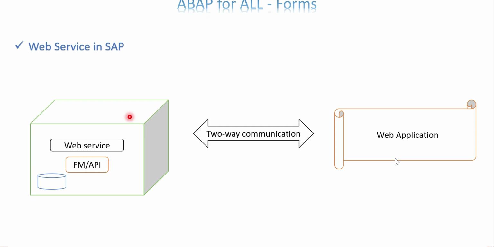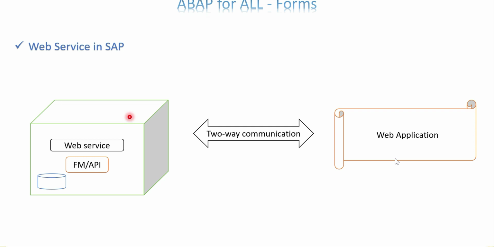These are the two objects which retrieve the data from database tables. On top of it, I'm going to create a web service for this example, on top of my remote enabled function module or standard BAPIs, whatever it is, but it should be remote enabled.